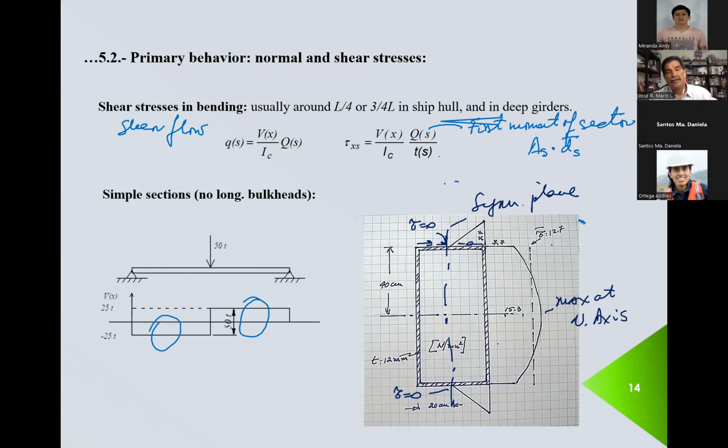For example, when you have to calculate this for a hull, you have a very complex section. Take the sides, take 1 or 2 longitudinal bulkheads, calculate this area, and divide the shear force by it. That's your average shear stress. And the maximum, you expect it to be a little bit above that. So that's a good parameter for you to check your results.